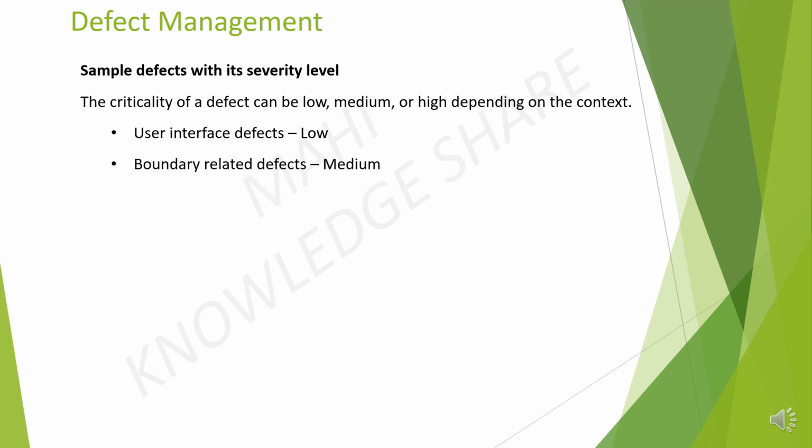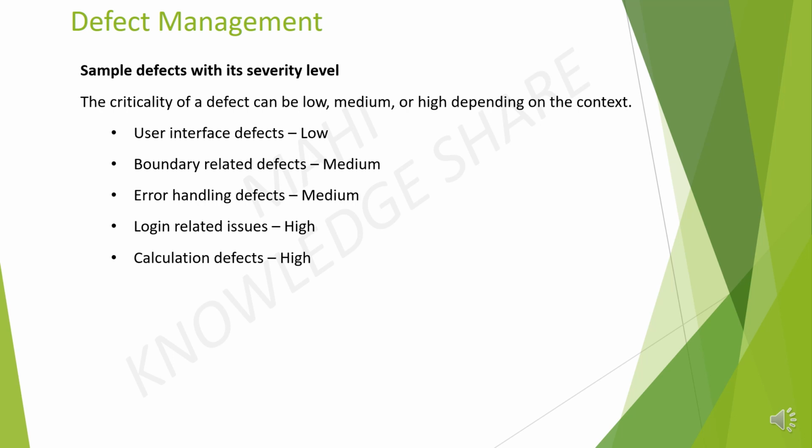Boundary related defects will be categorized as medium severity. Error handling defects will be categorized as medium severity. Login related issues will be categorized as high severity. Calculation defects will be categorized as high severity.